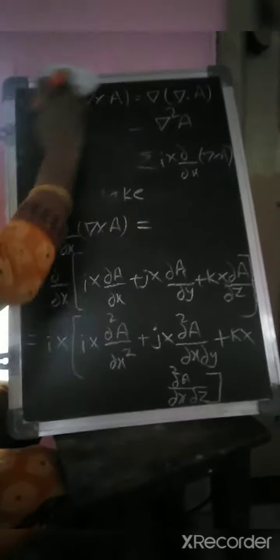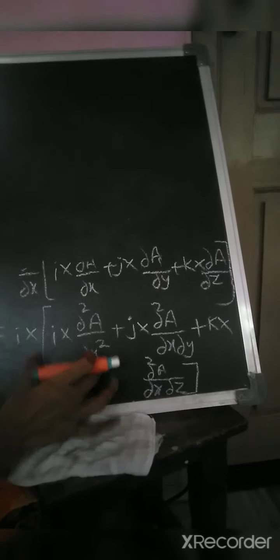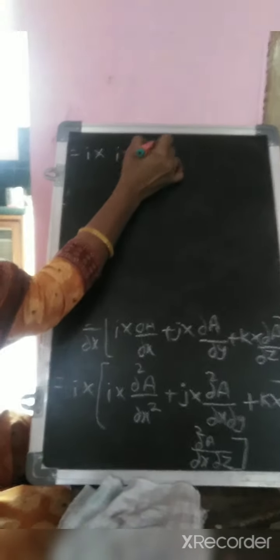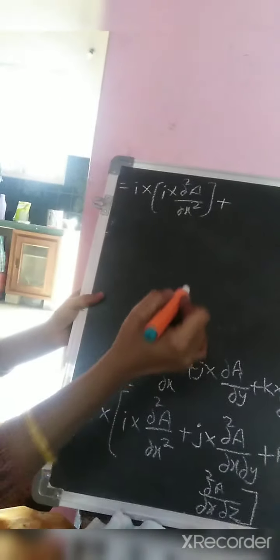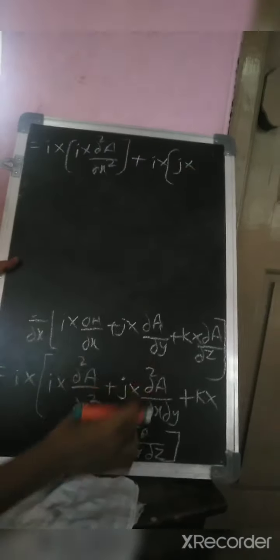Simply, curl A means i cross dou A by dou x plus j cross dou A by dou y plus k cross dou A by dou z. In the next step, i cross dou by dou x is taken inside, so that is i cross dou square A by dou x square plus j cross dou square A by dou x dou y plus k cross dou square A by dou x dou z.